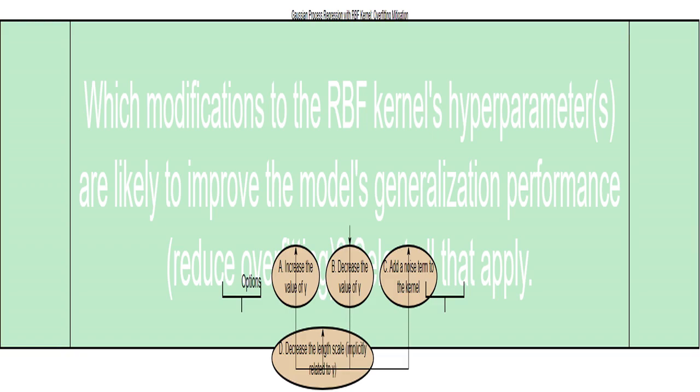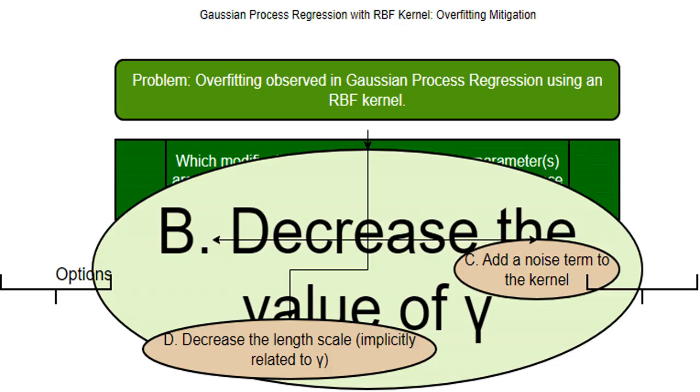If I increase gamma, I make the model more sensitive to small differences between data points. This increases the complexity and will probably make the overfitting worse. Not a good idea. If I decrease gamma, it'll make the model less sensitive to small differences, resulting in smoother predictions. This will simplify the model and probably reduce overfitting. Sounds much better. This is my top choice.